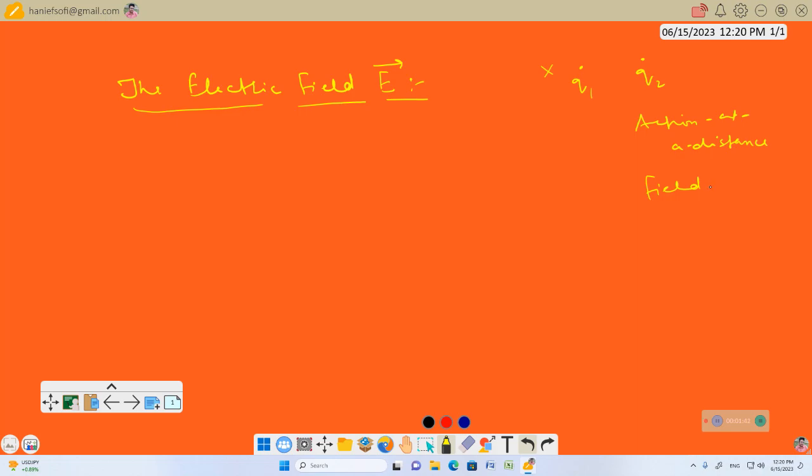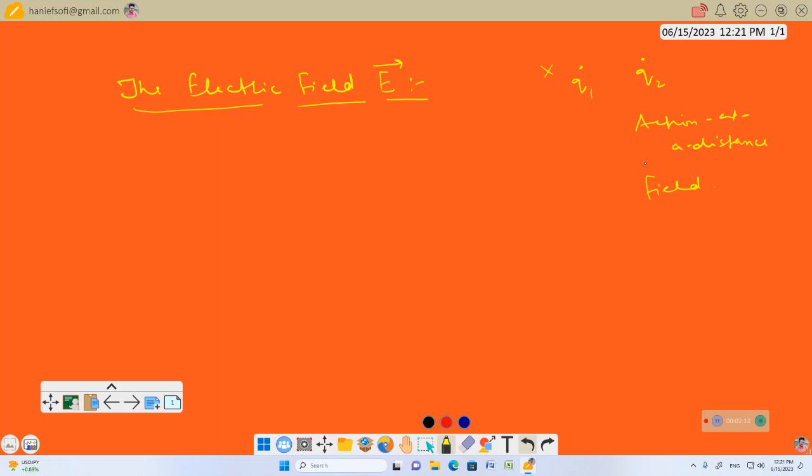In the field idea, we say there is a third party between Q1 and Q2 in the interaction. That third party is the field. The interaction is neither direct nor instantaneous. Q1 has its own field surrounding it, and in that field, if Q2 finds itself, that field will exert force on Q2.